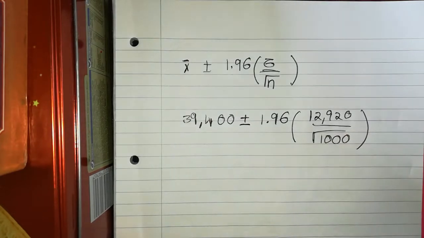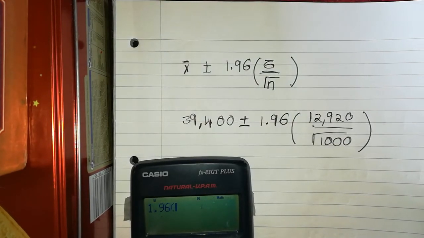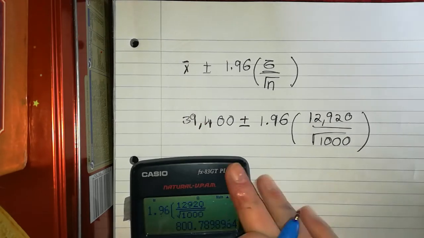So I put in the original mean, 39,400, plus or minus 1.96 times 12,920 over the square root of 1,000.